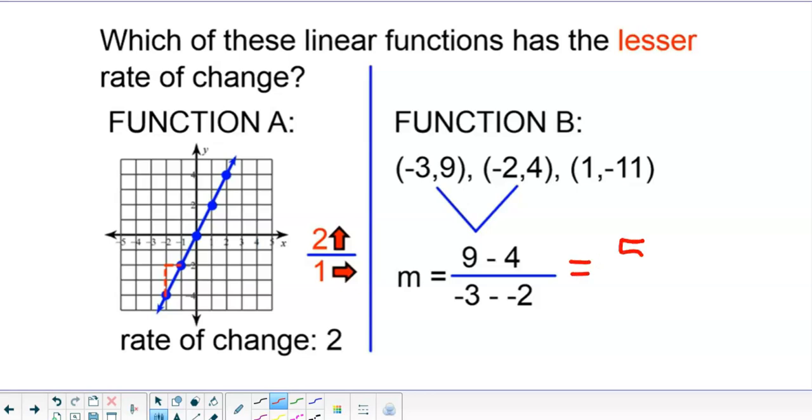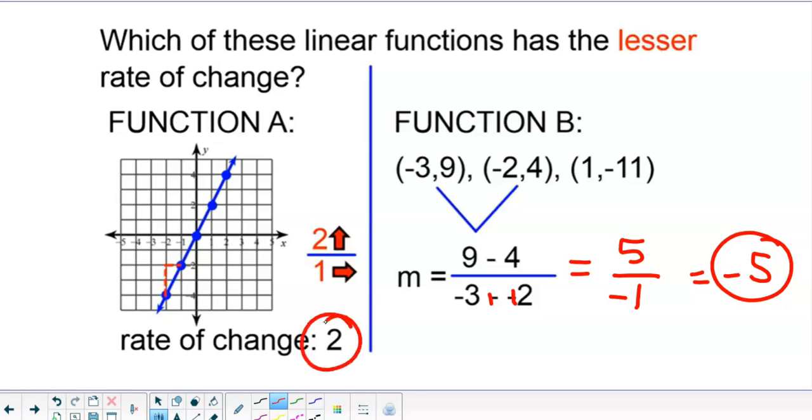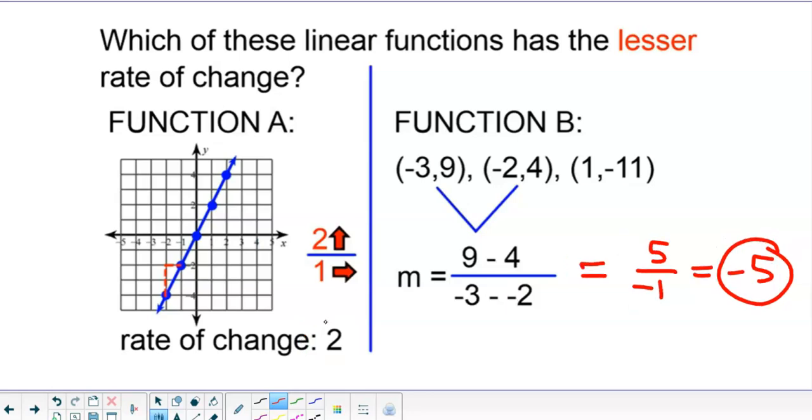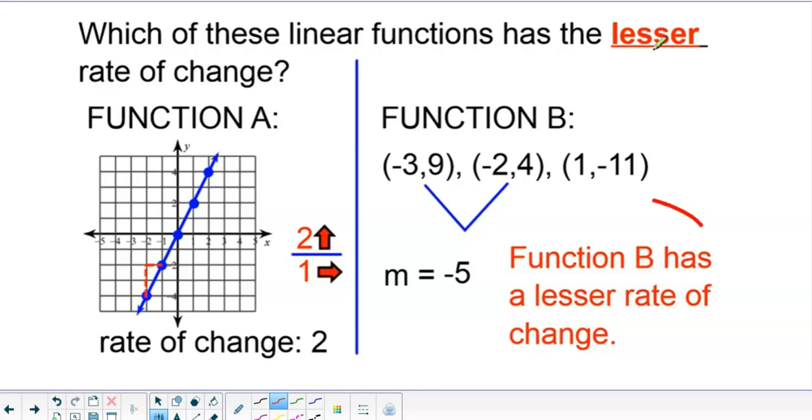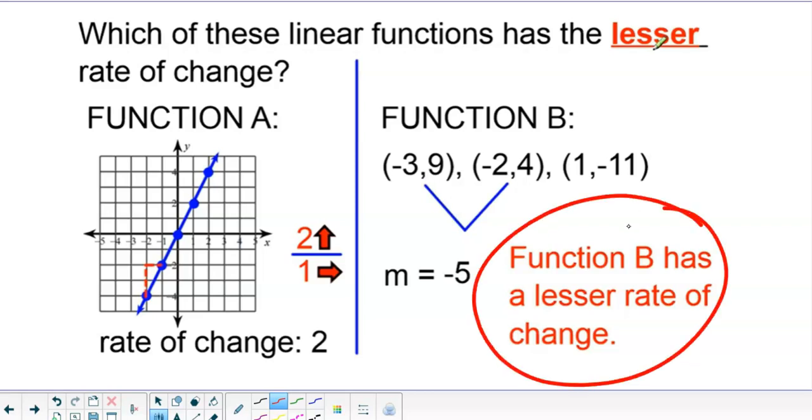For us, this will give us a rate of change of 5 over -1, or -5. Now let's compare our two rates of change. Function A has a rate of change of 2. Function B has a rate of change of -5. So that means that function B has the lesser, or smaller, rate of change.